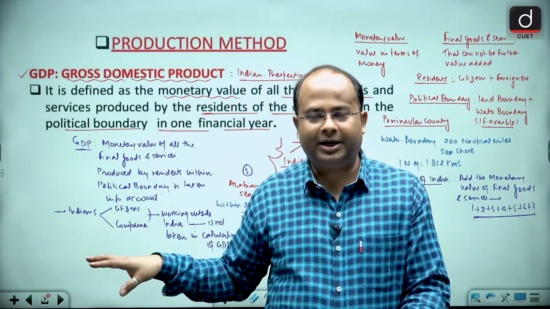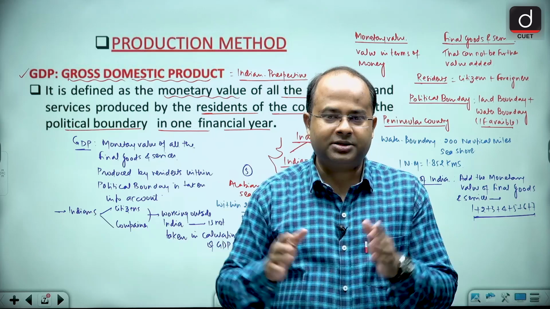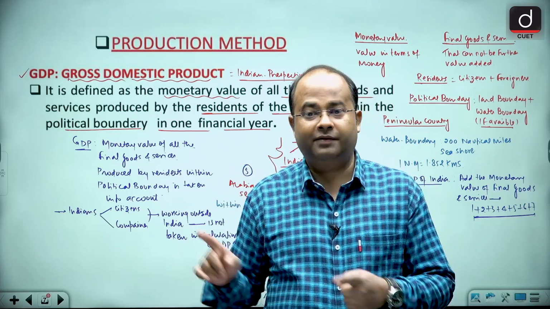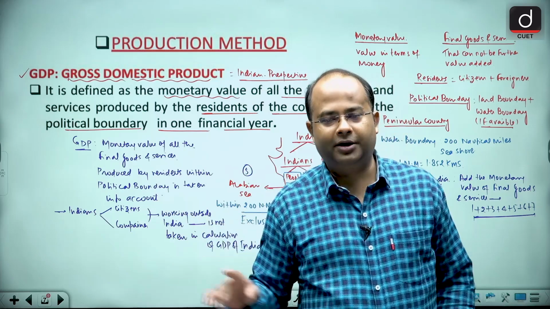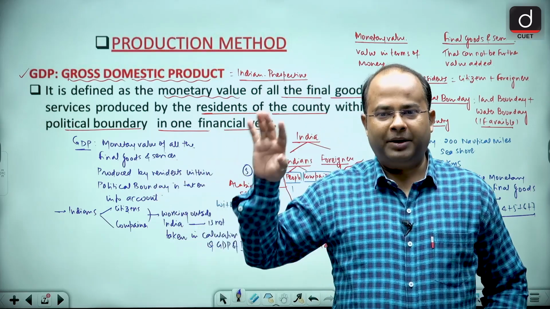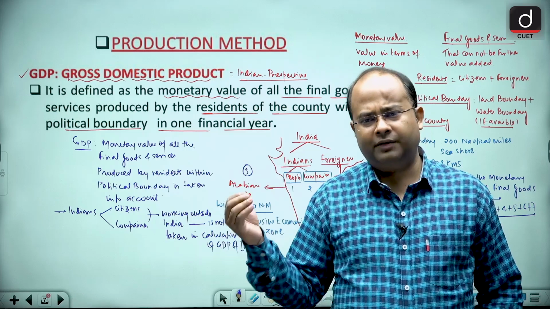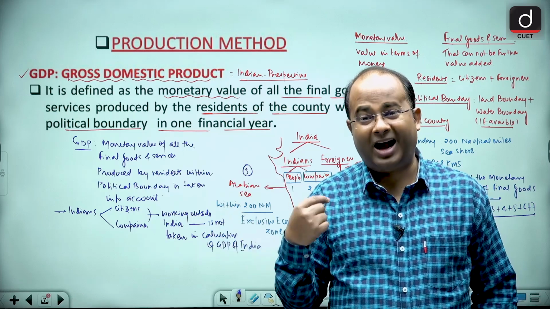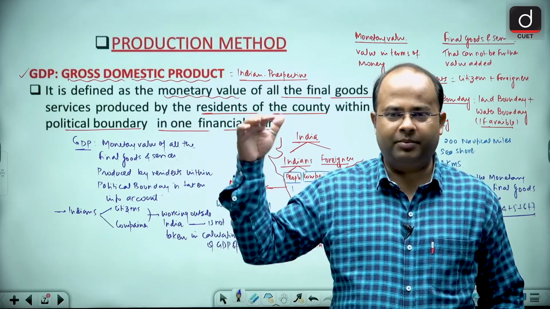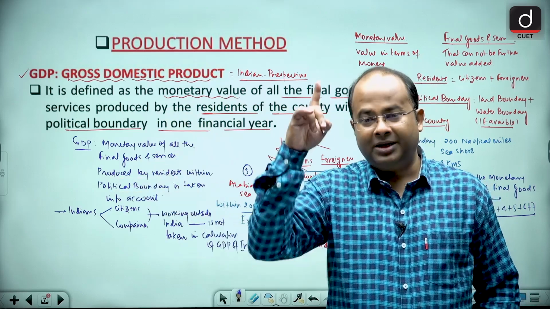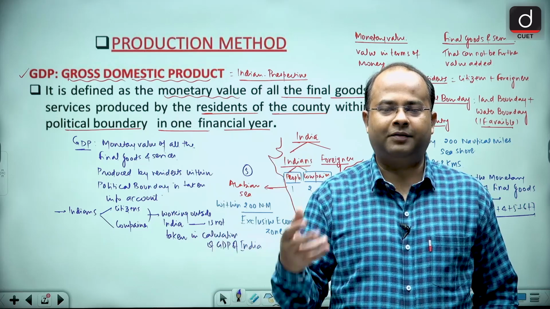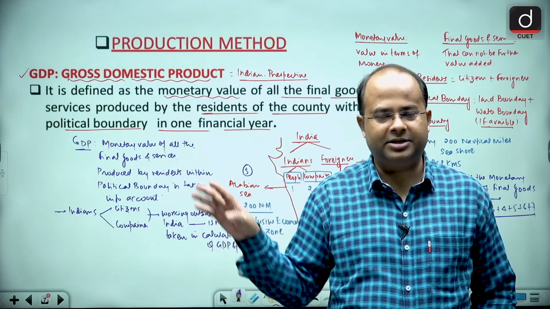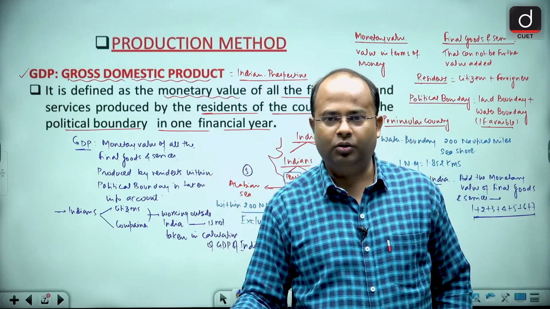Why is it not being taken care of? The reason is that all those economic activities are happening outside the political boundary of the country. Therefore, the income of Indian companies or Indian people working abroad from selling final goods and services is not taken into account.